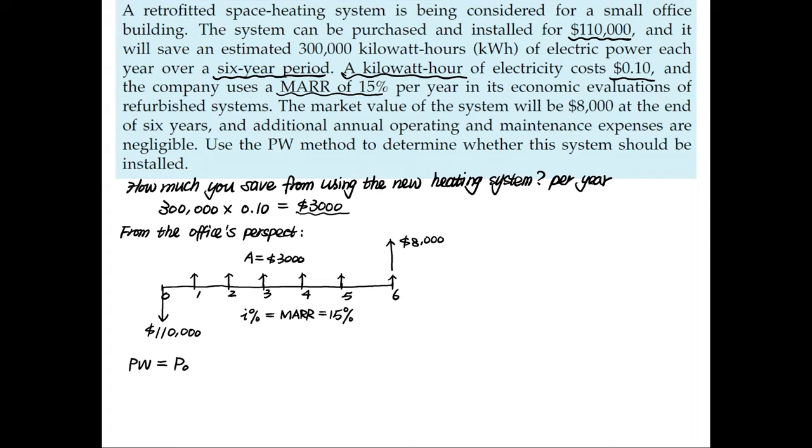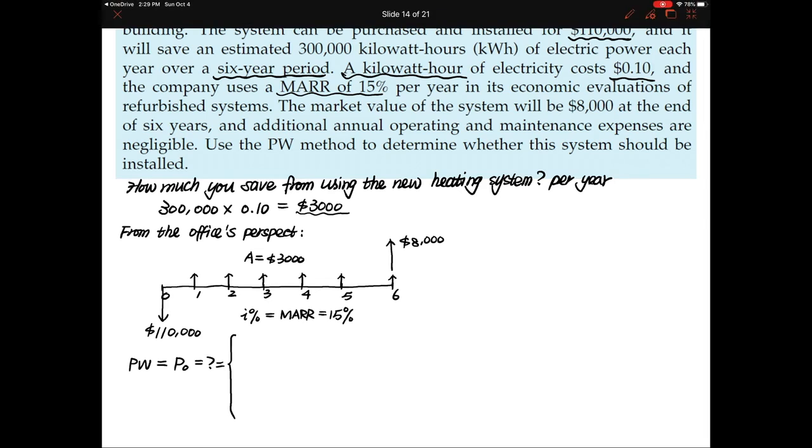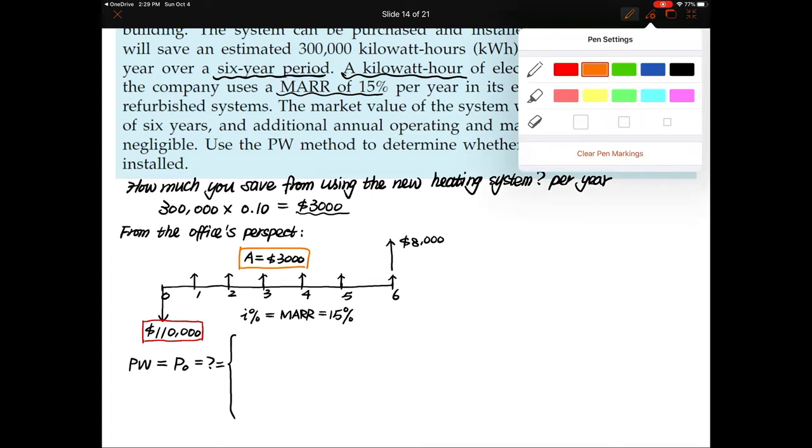It equals P0. But what is that? You have multiple cash flows. You need to determine how many parts you need to do. So how many parts? You have a present investment, the first part. You have the annuities, the second part.